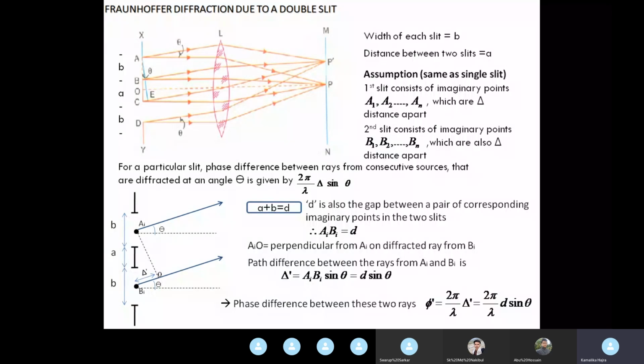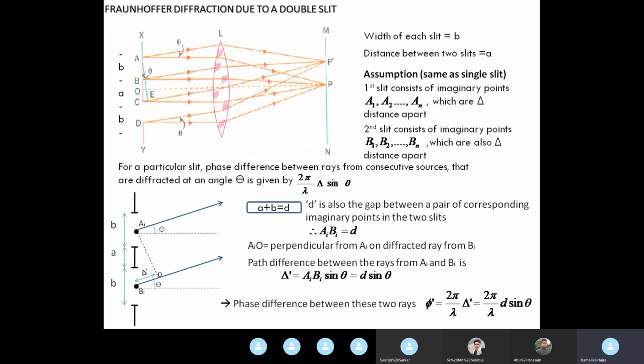So you can realize now that the entire set of rays that come out from the first slit inclined at an angle theta with the horizontal, and the entire set of rays that come out from the second slit and are inclined at an angle theta with the horizontal are differing by a phase of phi prime.